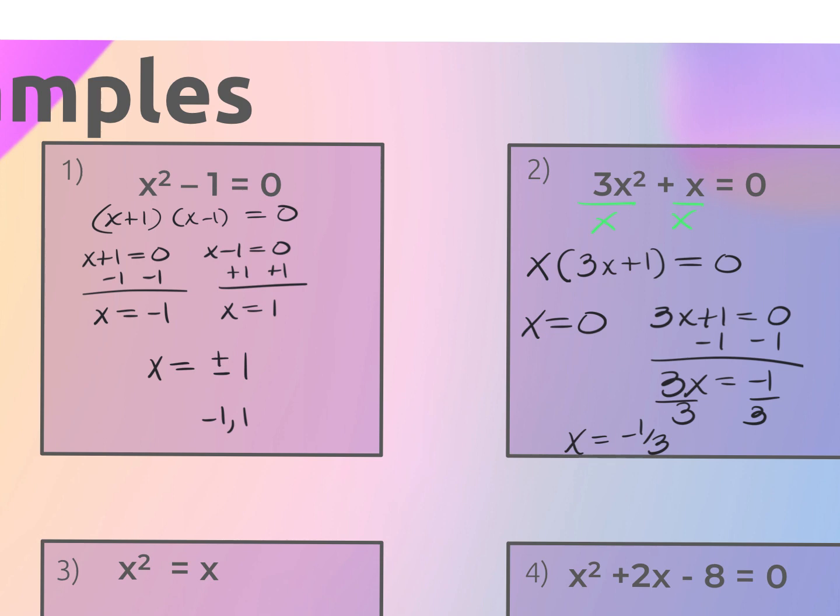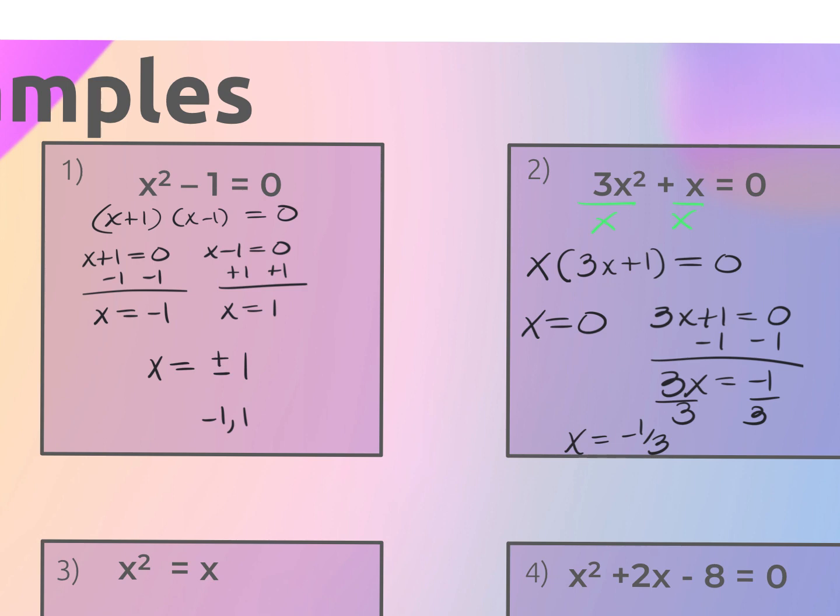And when we go to graph things like this, it's not going to be an x-intercept where it's going to cross through the x-axis. We're going to see that it's going to be a touch and turn. It's going to bounce off the x-axis when a factor or when a solution repeats. But that's coming up later.